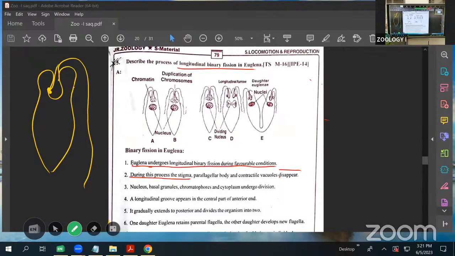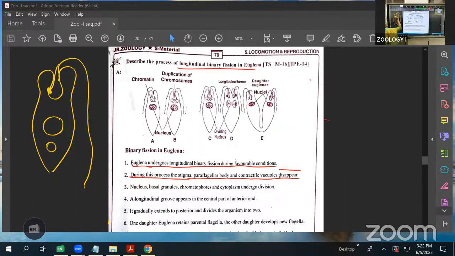Next, in the center, the nucleus is there. And also the contractile vacuole is present here. Anywhere you draw it, the contractile vacuole is present. And how it is made, see this one. During the process, the stigma, paraflagellar body and contractile vacuoles disappear.